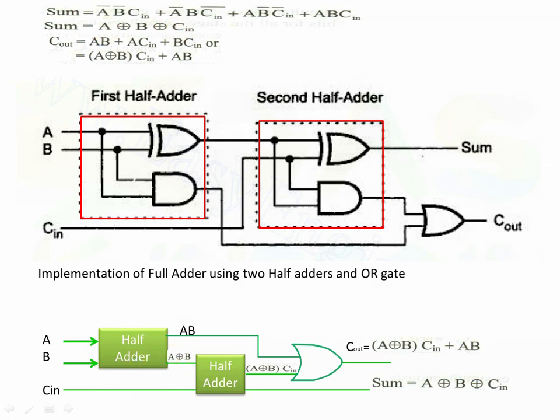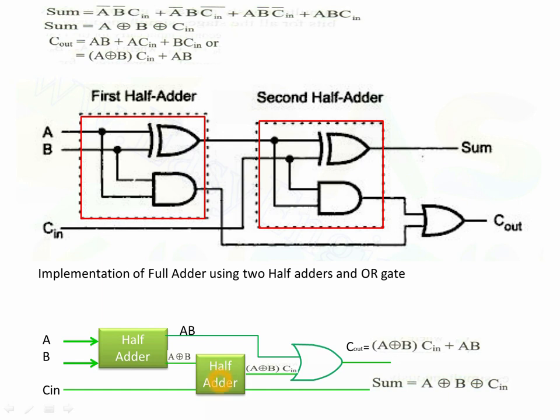To get A exclusive OR B exclusive OR Cin, we take the output of the half adder, that is A exclusive OR B, and that sum output is connected to one of the inputs of the second half adder. The other input is Cin. Then the outputs are A exclusive OR B exclusive OR Cin, and A exclusive OR B into Cin.